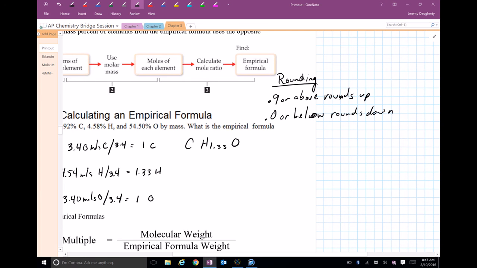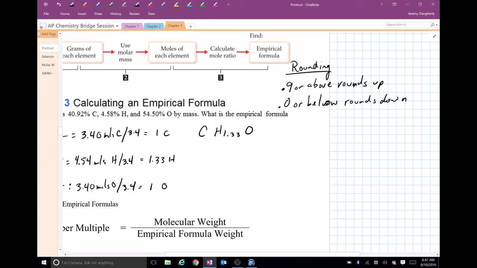So here, this is 0.33. Obviously, I can't round it up or round it down, so I have to multiply it by something. So what do you think I should multiply it by? 3, yeah. So if I multiply by 3 here, let's see what I get. I get carbon 3, right? What's H going to be then? 4, yeah. And then O is going to be 3.